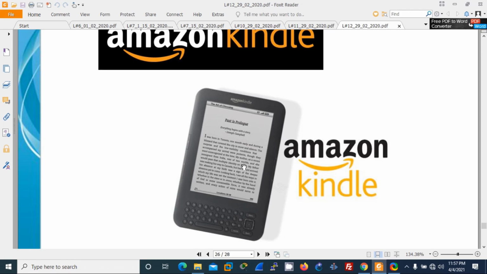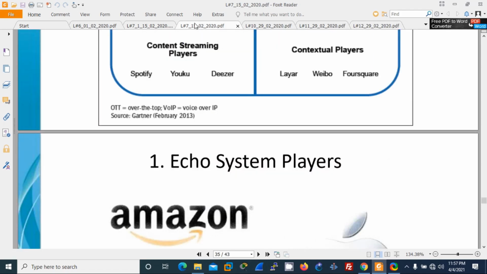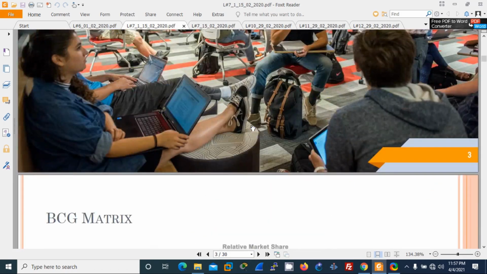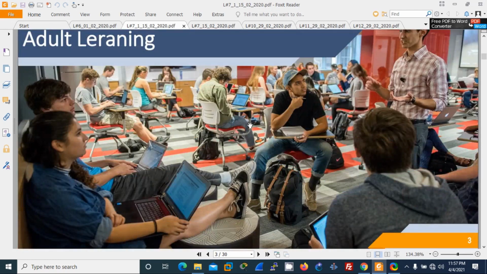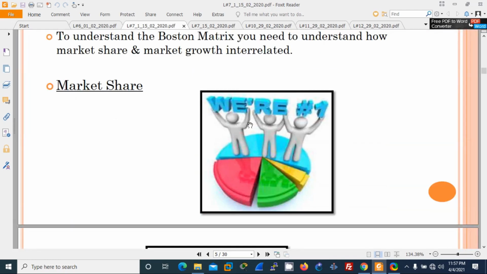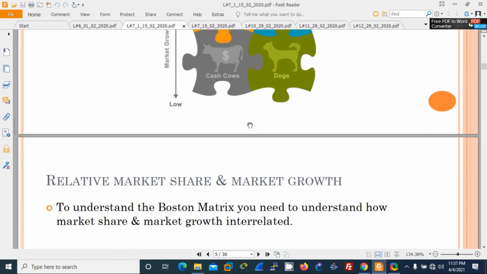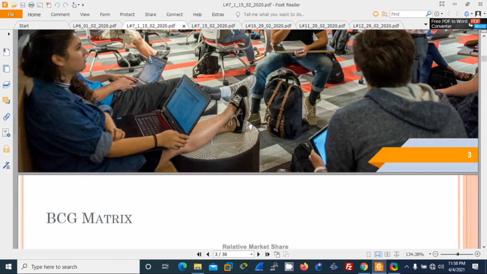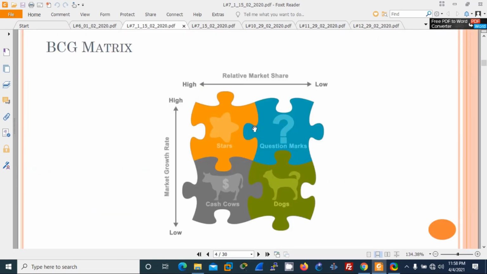Then we had another discussion about the BCG matrix. The BCG matrix comes into the picture because as a company we can use it to assess our current product portfolio, whether it is performing well or we need to invest more, let go, or sustain.